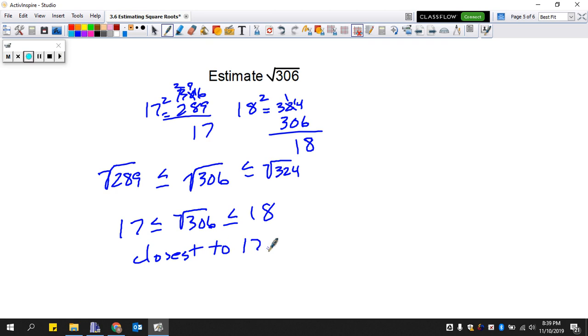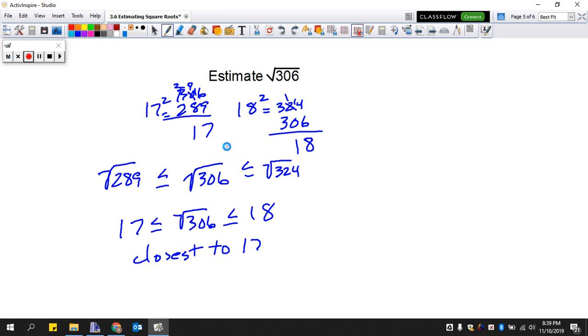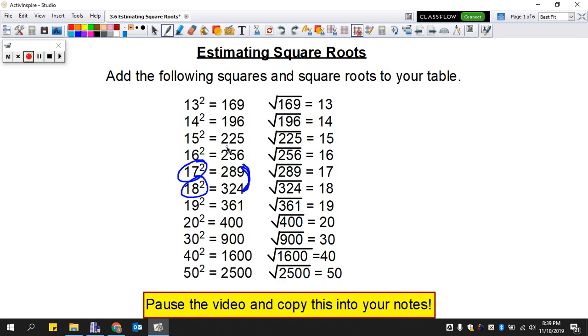All right, and one last one. Estimate the square root of 250. I'm going to go back to the list that we had. 250 is between 225 and 256.